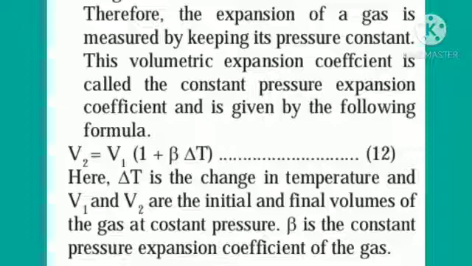V2 is equal to V1 into (1 plus beta delta T), where delta T is the change in temperature and V1 and V2 are the initial and final volumes of the gas at constant pressure. Beta is the constant pressure expansion coefficient of the gas.